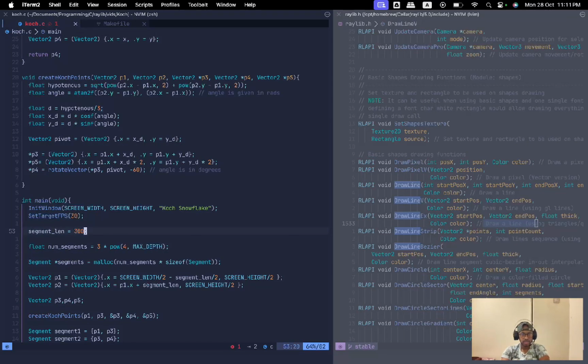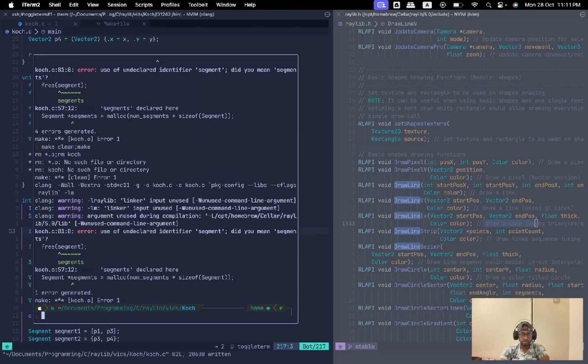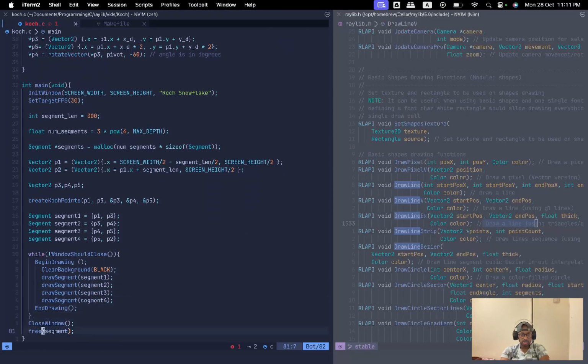Segment length. Okay, and this is segments.